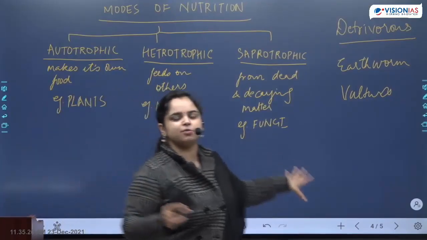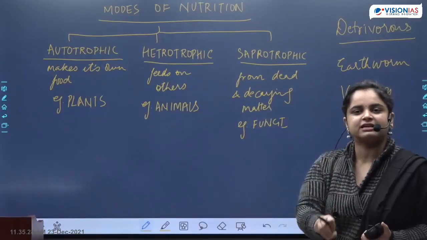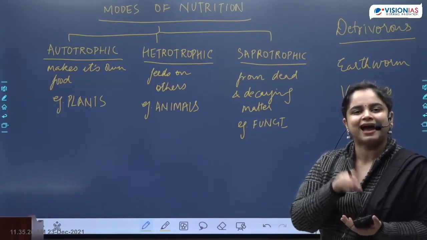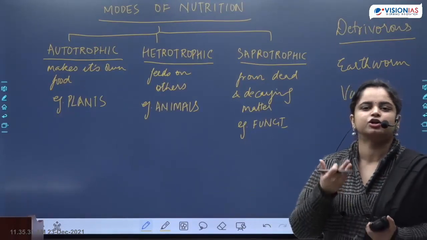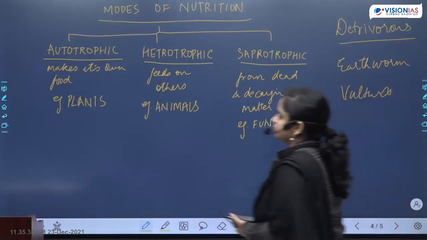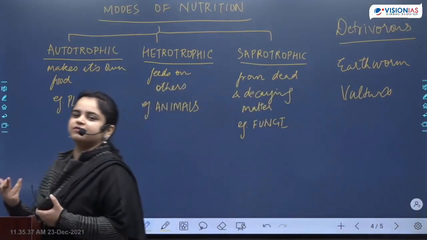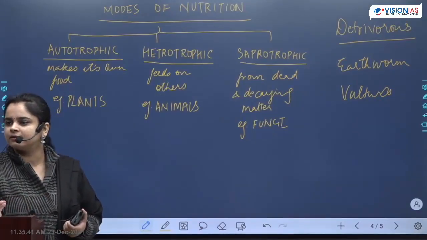Saprotrophic is in a way exclusive to the fungus. They are putting their enzymes on their food and then they are breaking it down and taking only the nutrients which they want, unlike the detrivores or the animals which are feeding on dead matter. Is this point clear? Right?